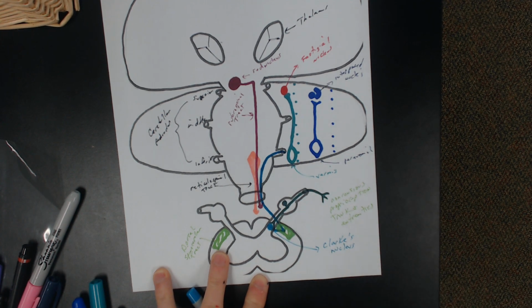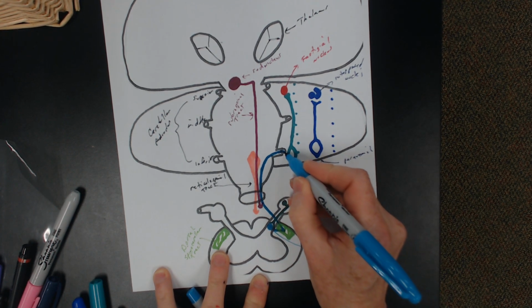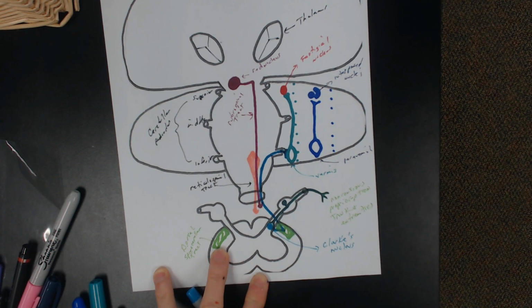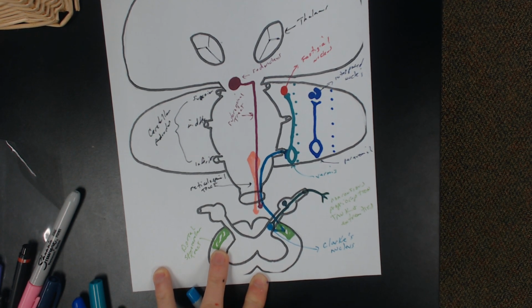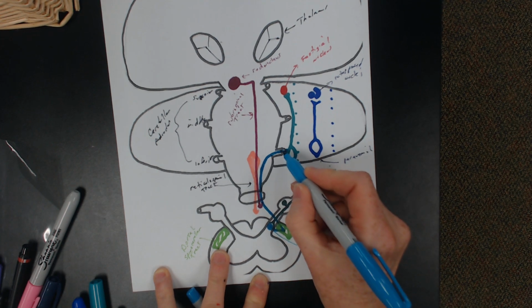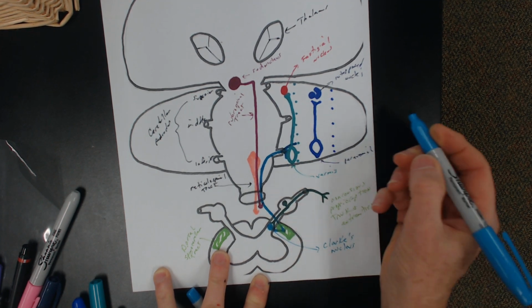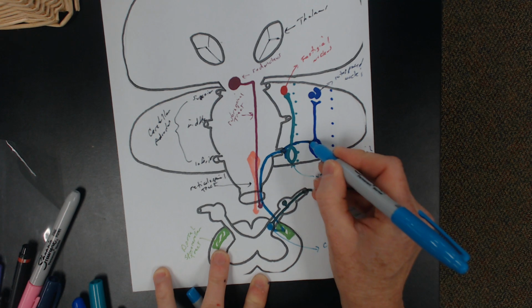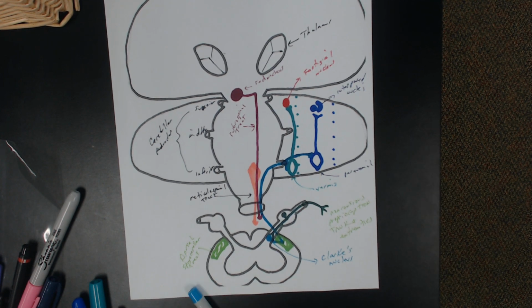Information coming from the trunk synapses with the Purkinje cell associated with the vermis, but information coming from the extremities synapses with the Purkinje cell in the paravermal area.